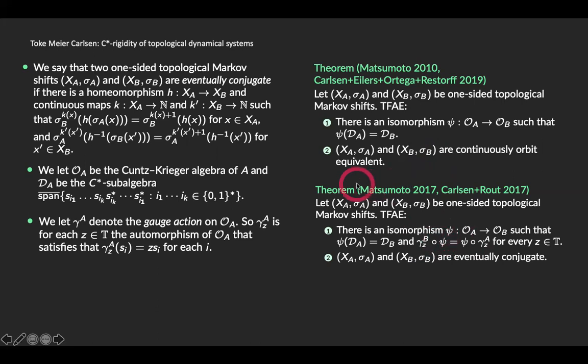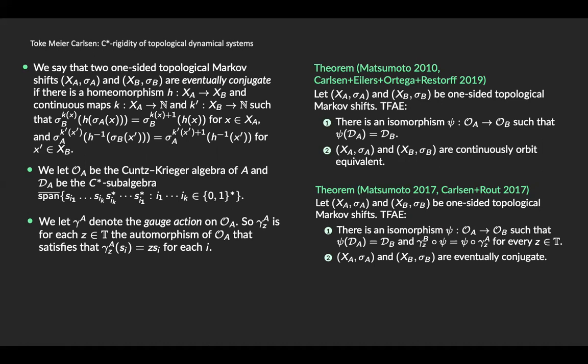We could add that there is an isomorphism between the Leavitt path algebras that maps what corresponds to D_A onto D_B and is graded. The key is that in Hazrat's conjecture, he doesn't ask for the diagonal to be preserved.